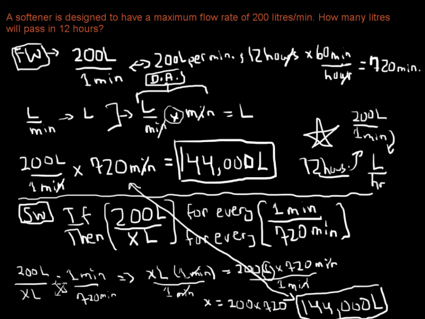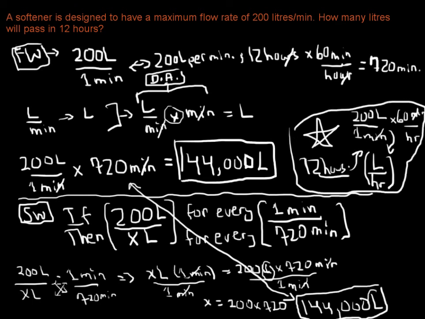To do that, you multiply by 60 minutes per hour. The reason we do that is because we want to be left with the units liters per hour. So we have to get rid of minutes at the bottom by multiplying by minutes at the top, and we need hour in the bottom, and we know that's 60 minutes per hour. You could have done that, but it would leave you with the same result, because all we're trying to find is the total liters that have passed through.